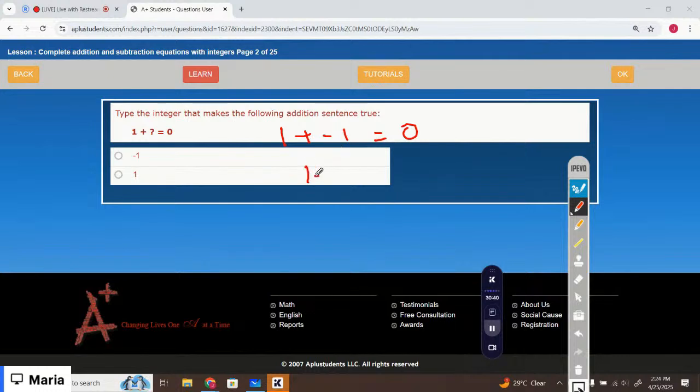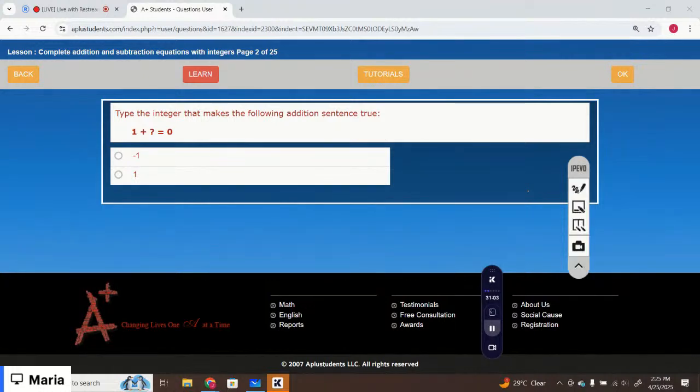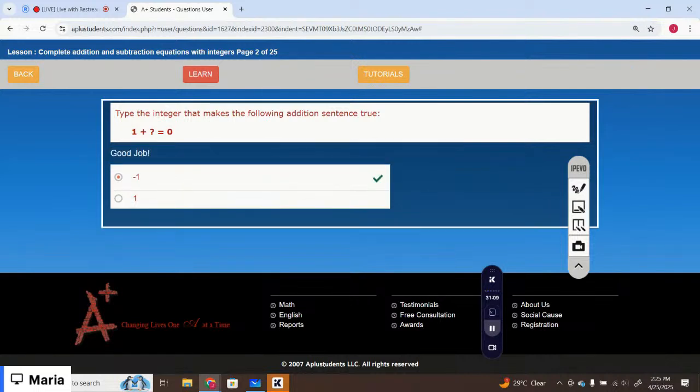Adding a negative integer is same as subtracting. 1 minus 1 is 0. So both sides are exactly equal. That means option number 1 is the correct option.